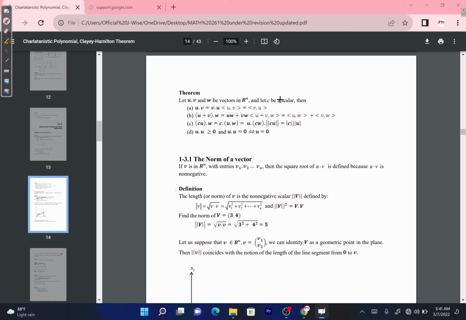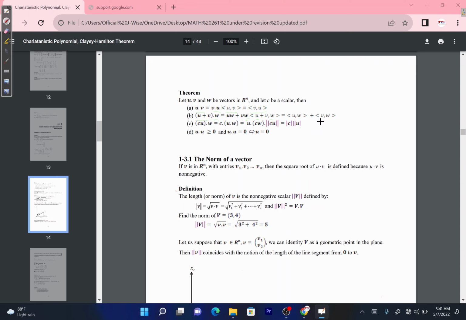Now we also have u plus v all multiplied by w, and you can expand the brackets. So this can also be written as uw plus vw, and it is equal to the inner product of u plus v and w.